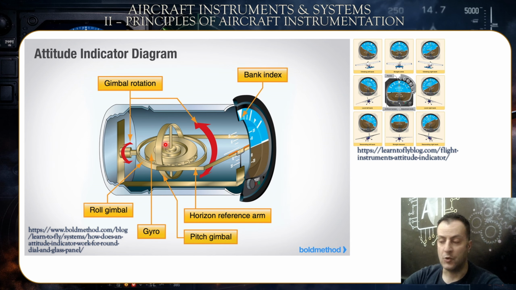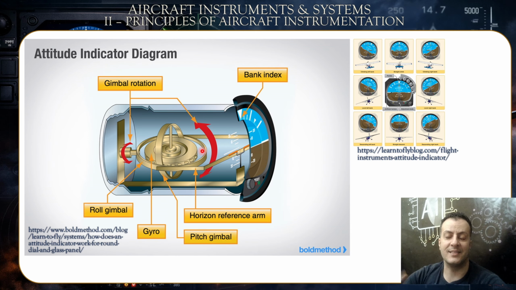Now, in the middle, you have the horizontal disc, the accelerator that would keep rotating horizontally as a reference plane, as a horizontal reference. So as it rotates, it will remain always parallel to the horizon.